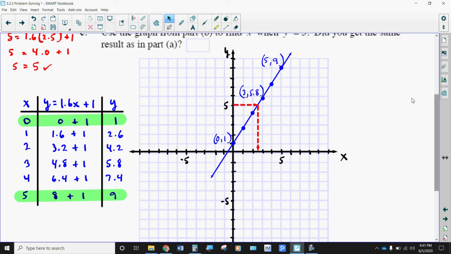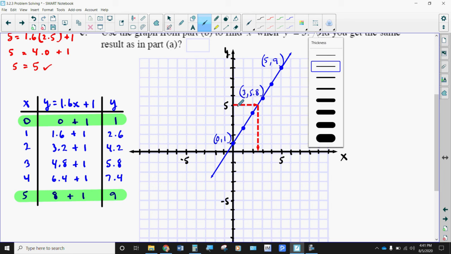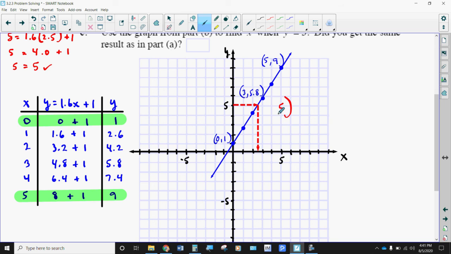So now to answer the question, where y is equal to 5, this point right there on our line would be where y is equal to 5. So let's go ahead and go straight down. What is x equal at this point? This point right here is where y is equal to 5.